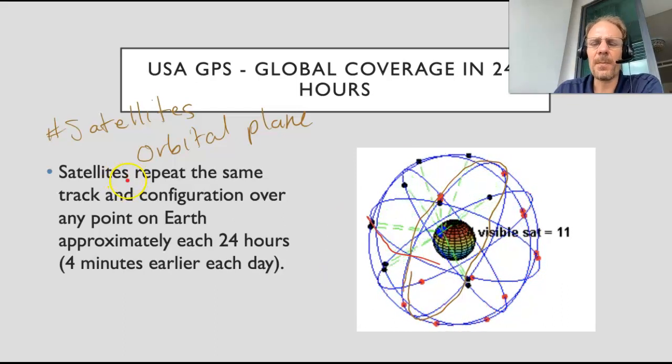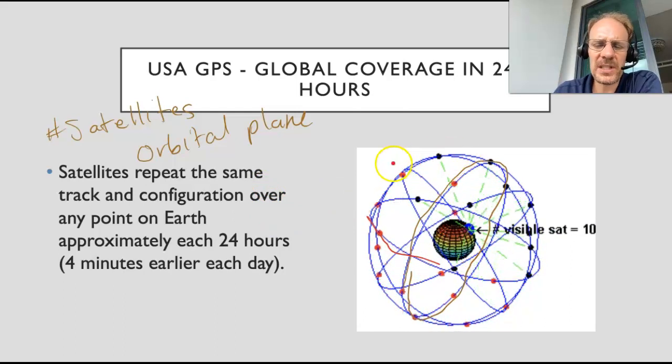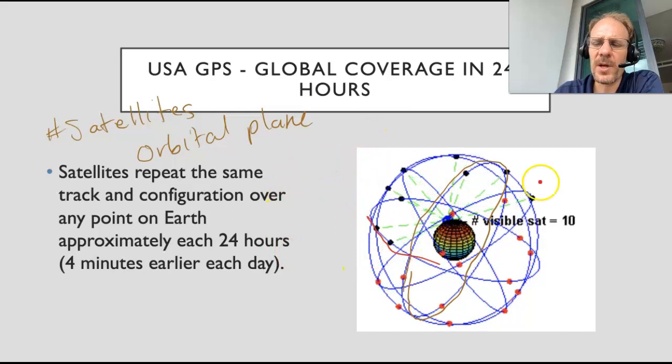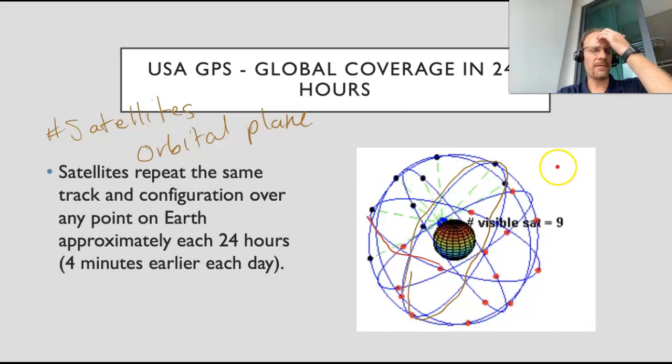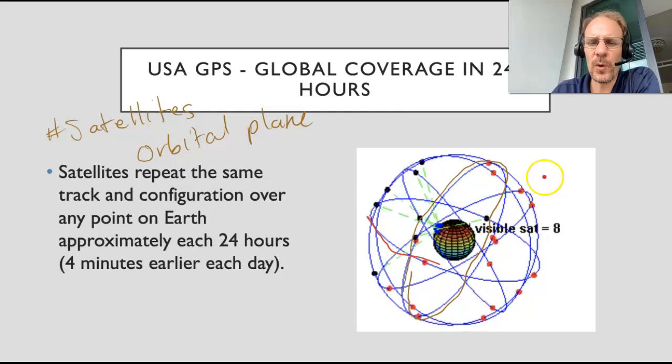The other thing is, you can see this little blue dot on the globe represents, say, us. At any given time, not all of the satellites are going to be visible to you, because right now we are behind the Earth, and so the satellites on this side aren't going to be visible. So at any given time, only some of the satellites are visible to us.